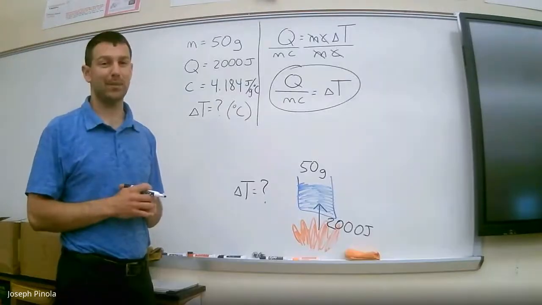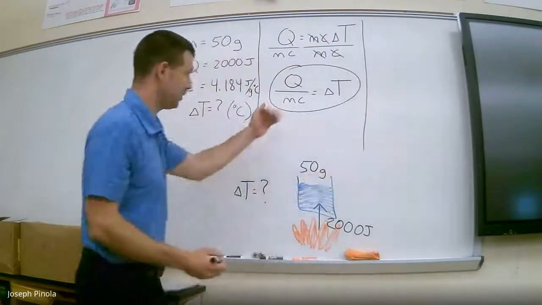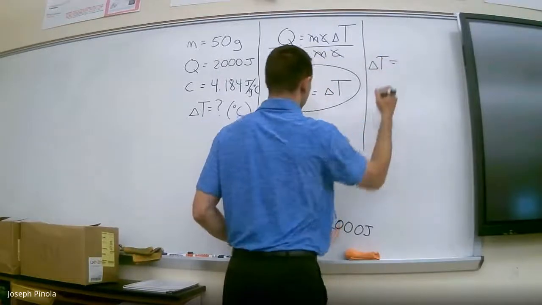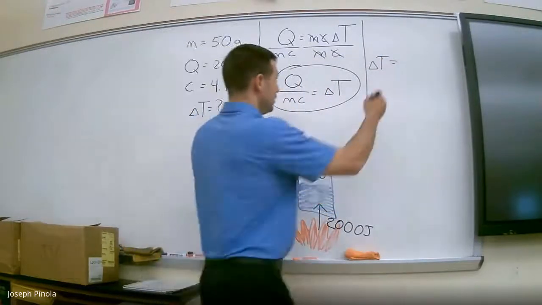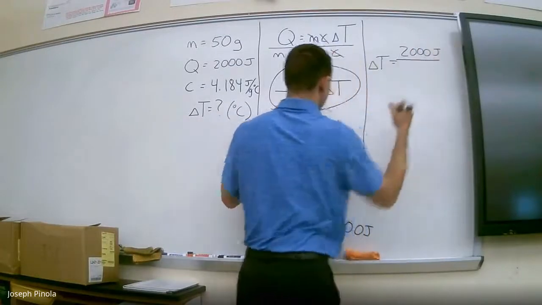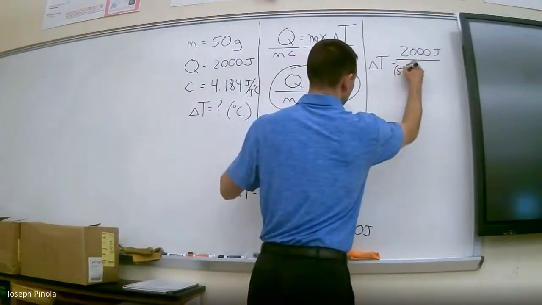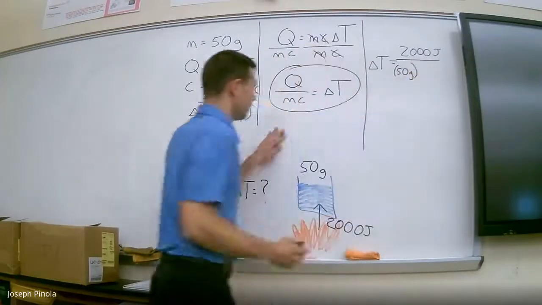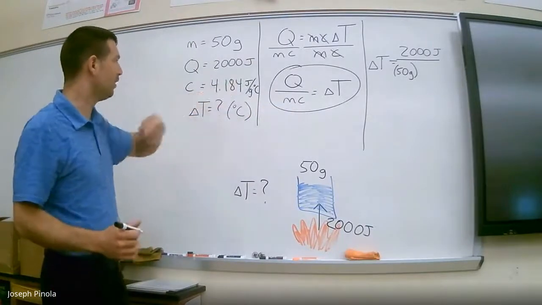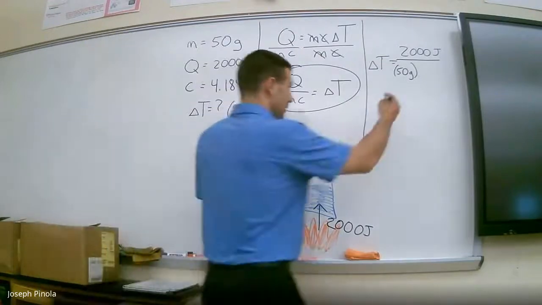So let's finish out our math by doing a calculation here. We're going to plug into the equation we just got. Delta T is equal to Q, which is 2,000 joules, divided by m, which is 50 grams, times c, which is the specific heat capacity of water, 4.184 joules per gram times degrees Celsius.